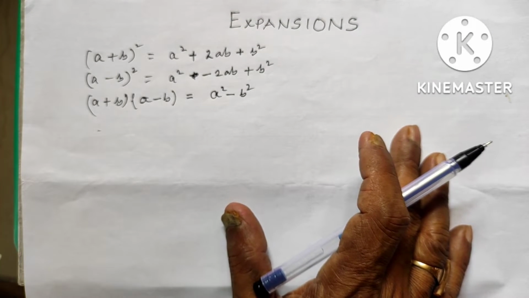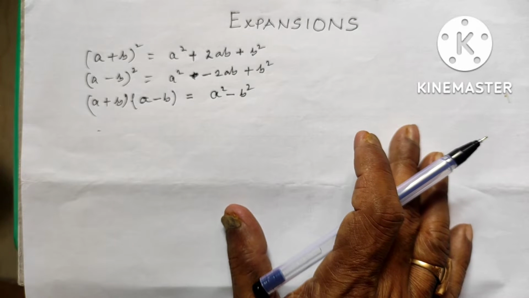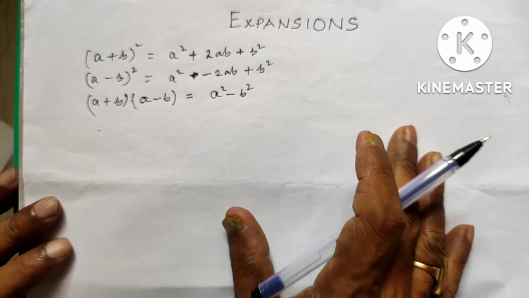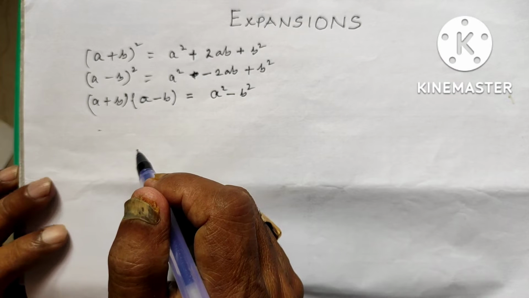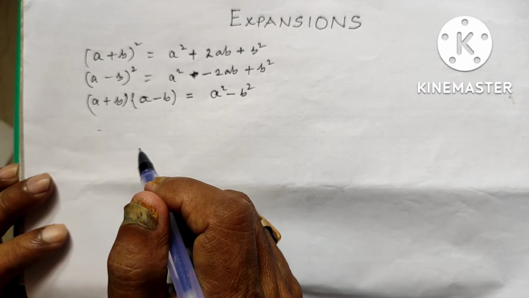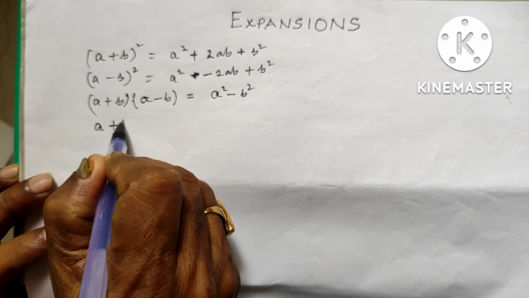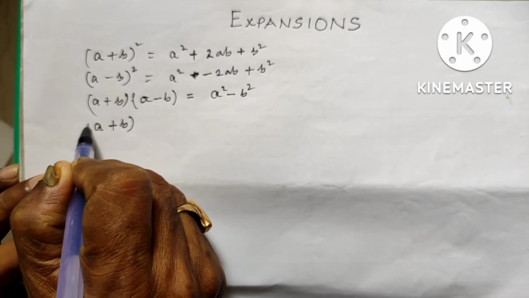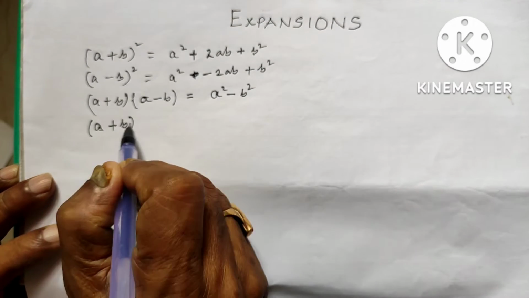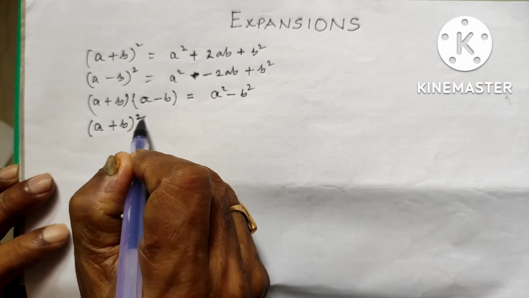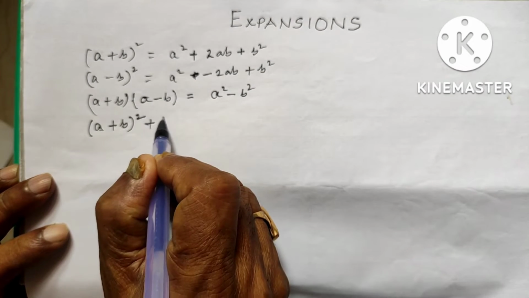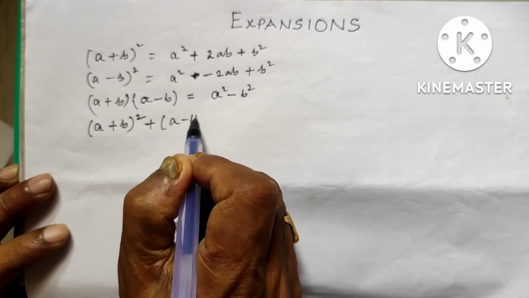But before I use this formula, I would like to tell you a few more things that you should know. This is (a plus b) whole square plus (a minus b) whole square.